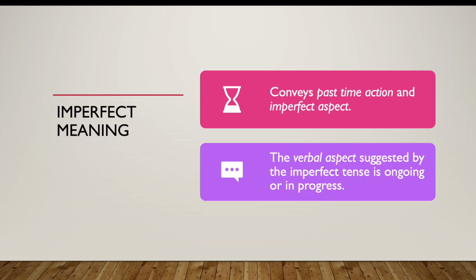So the imperfect tense form conveys past time action and imperfect aspect. So last class we dealt with two kinds of aspects of Greek verbs: the time of action and the kind of action.